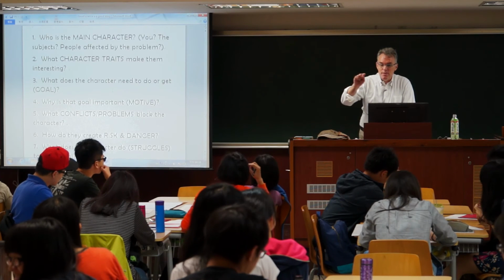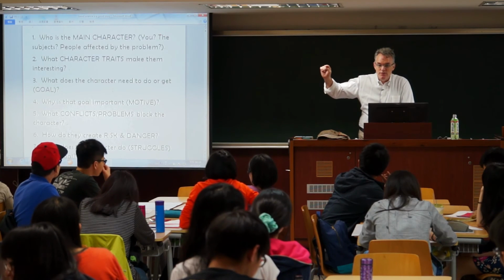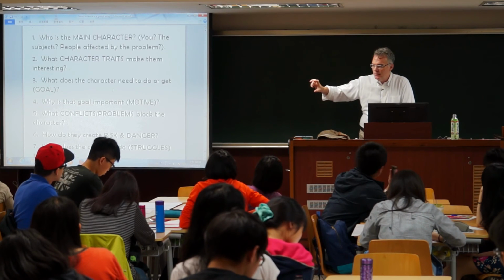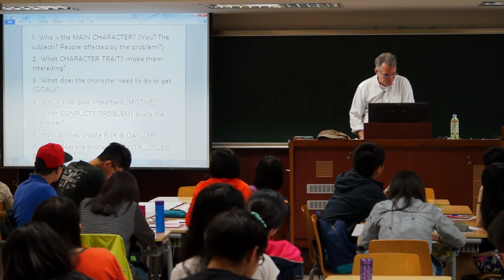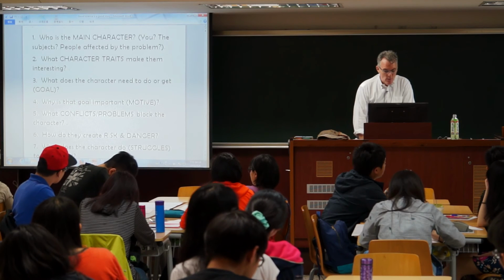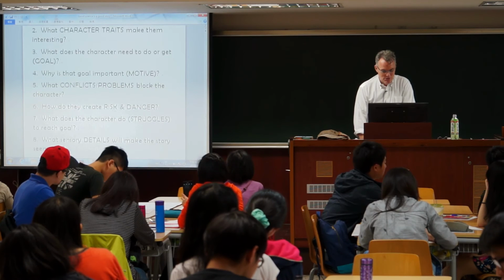So you're saying the purpose of my research is, I'm studying this because I want to find this out. And the reason I want to find this out is because this idea occurred to me, or I had this experience. What conflicts or problems have you had? And what are the risks? What were the risks and the dangers? Remember, they don't have to be physical.